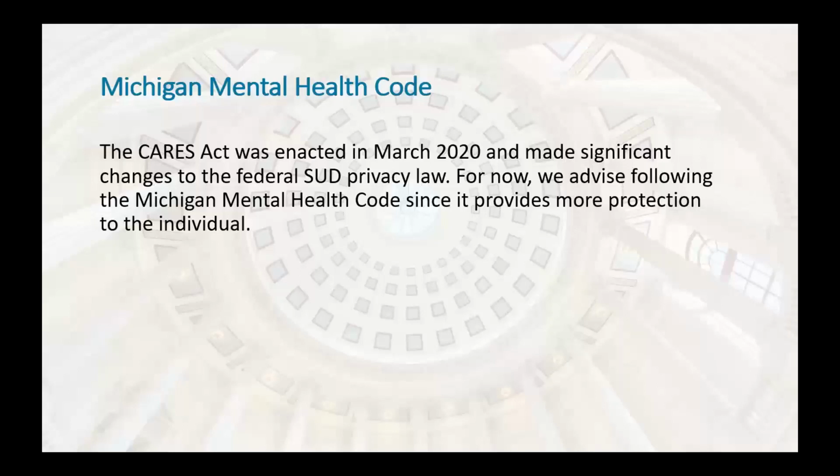In July 2020, additional changes were made that are effective in August. For now, we advise following the consent requirements under the Michigan Mental Health Code, since it provides more protection to the individual, and Michigan law requires that you follow the legislation that provides the most protection.